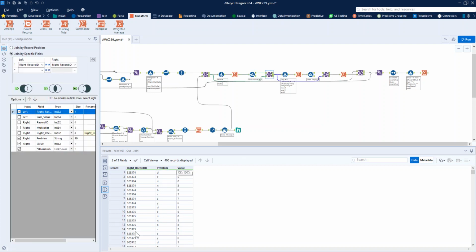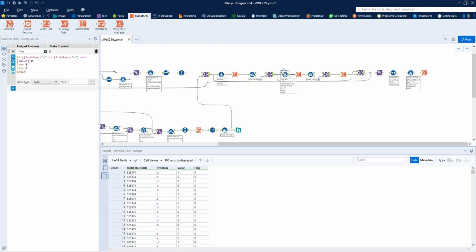So we join those back together, and now we need to check if either M or S is 0, because we can't have that, because the numbers can't start with a 0 by the definition of the problem. So we set up a flag to say, if the M or the S is 0, then give it a flag of 1.